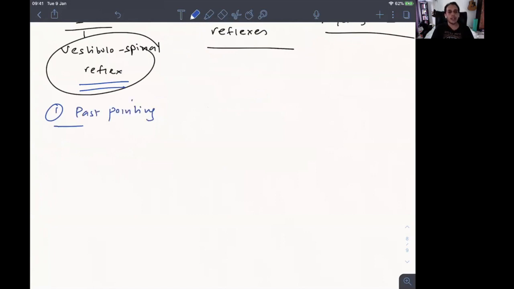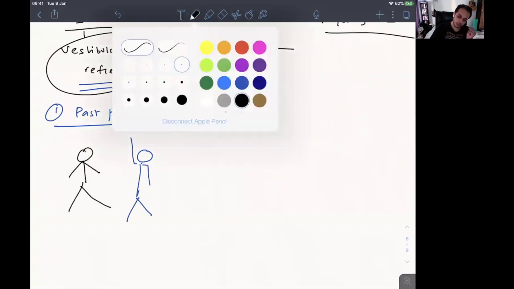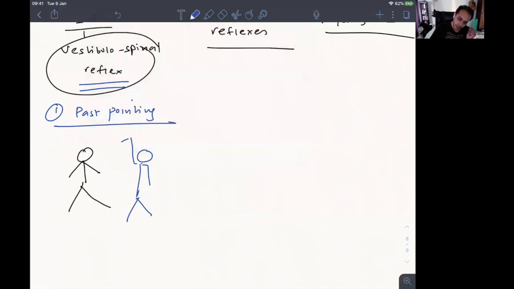And the way you do this is that you make the patient stand, and one hand is below and the other hand is raised, and you stand in front of the patient and ask the patient to bring down the hand and touch yours, and then pull it back up again, and then bring it down again.